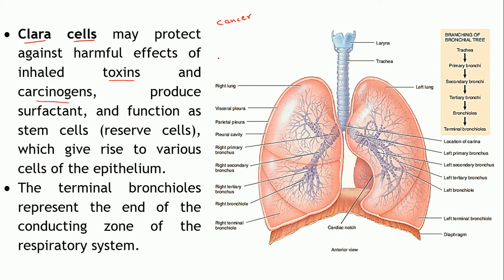Also, they produce surfactant. We will come to the role of surfactant, why it is produced over here. These also function as stem cells or reserve cells, which help in the regeneration of worn out cells.